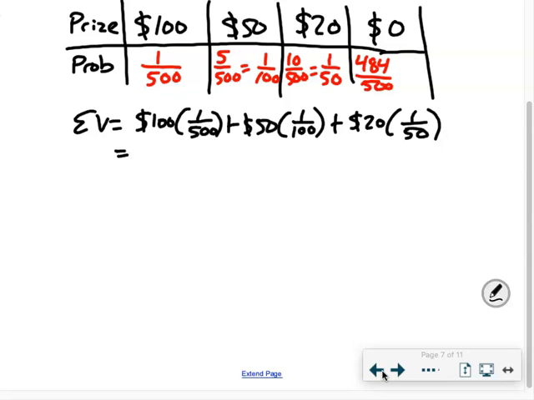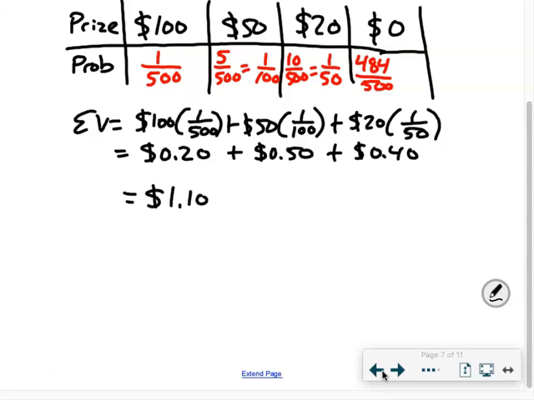That's just 100 divided by 500. That's $0.20. 50 times 1 over 100 is $0.50. 20 times 1 over 50 is like 20 divided by 50, 40 cents. So it looks like we have 90 plus 20. So the expected value is $1.10 for this game.